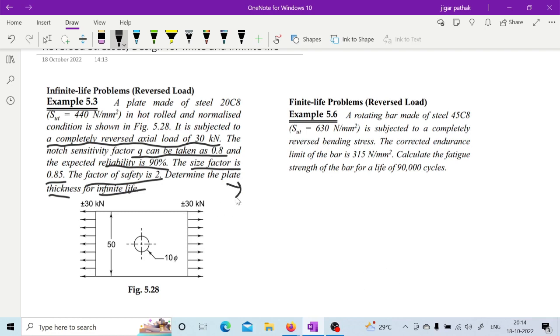So here, if you first solve this one, then P is given as plus or minus 30 kilonewton, right?